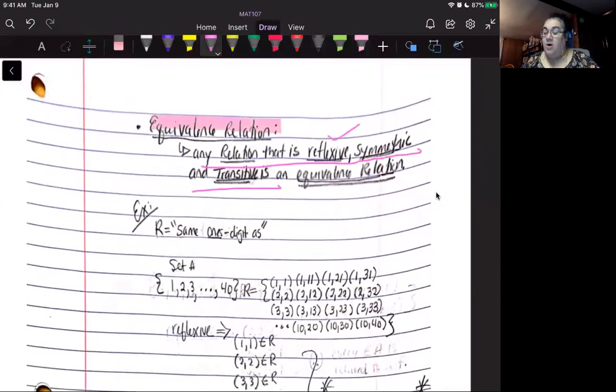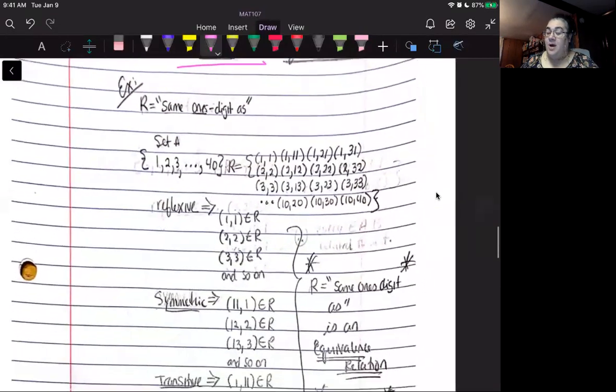So it checks off all of the 3 properties that we've talked about. When that happens, then that relation is called an equivalence relation. When that does not happen, it's just a relation that has the property of being reflexive, or it has the property of being symmetric, or it has the property of being transitive. But when it has all 3 properties, it's the trifecta, and then we call it an equivalence relation.